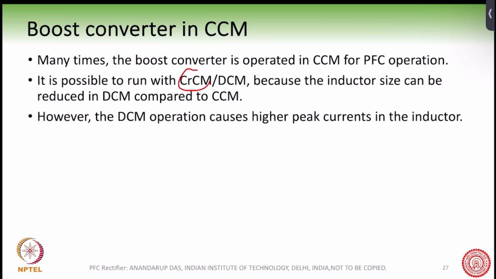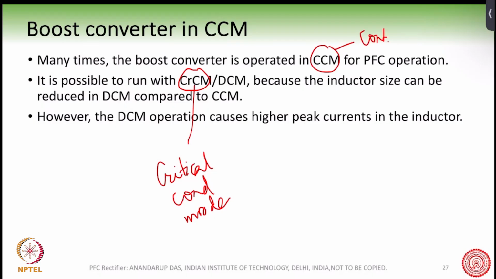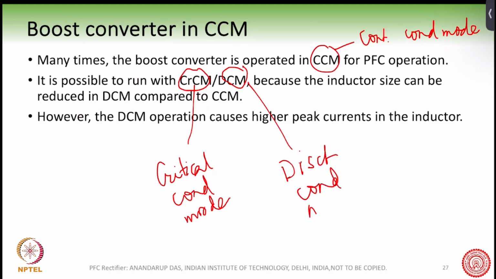Okay, CRCM is critical conduction mode, CCM means continuous conduction mode, and DCM means discontinuous conduction mode. Okay, so the boost converter can run in all these modes of operation.